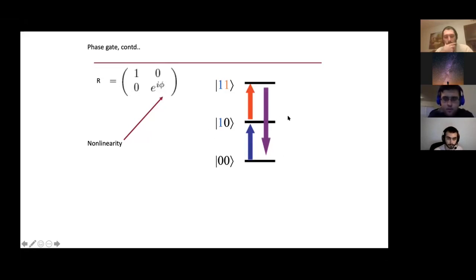So these are basically states in an atom. You can expose your atoms to electric fields or magnetic fields, and you can have different energy states. So this would be a ground state. This would be a first excited state. This would be a second excited state.